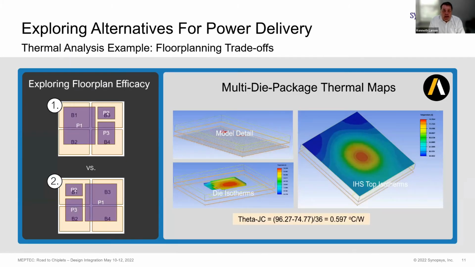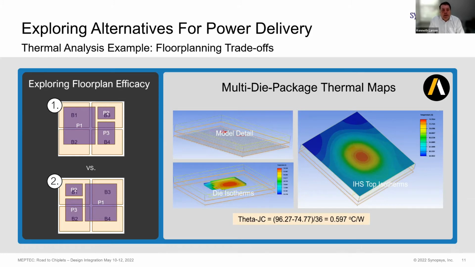So when you're evaluating and exploring new architectures, we have a number of different methodologies. One is to look at the efficacy of the floor plans. So for example, you have two examples here where you have a bottom die, that's the yellowish color. And then you have another die on top of it with regions that consume more power.